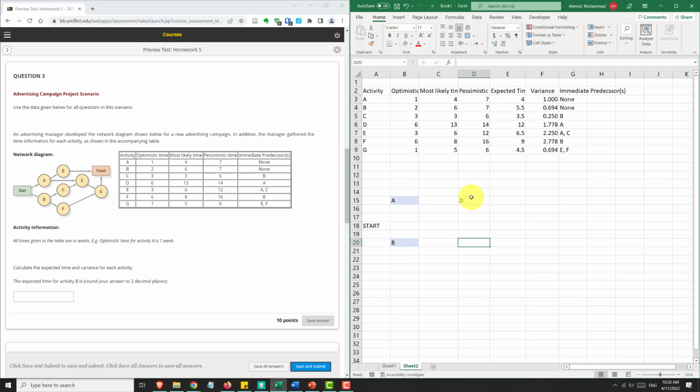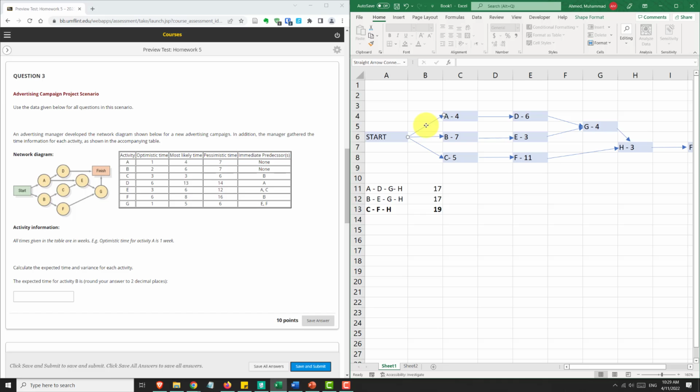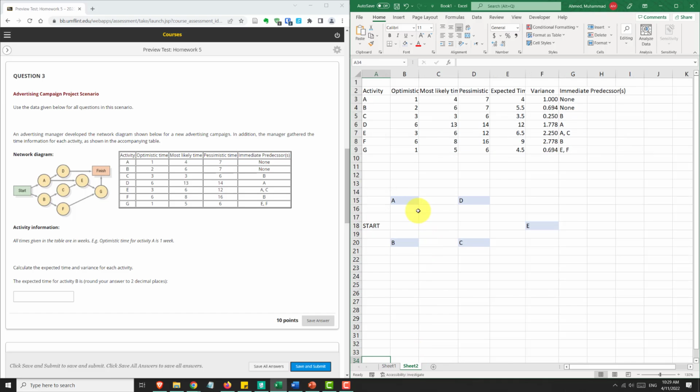And C depends on B, so we can put C here. Then E depends on A and C, so A and C will both lead to E.